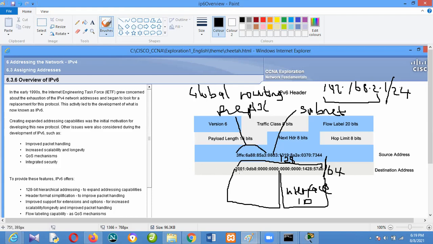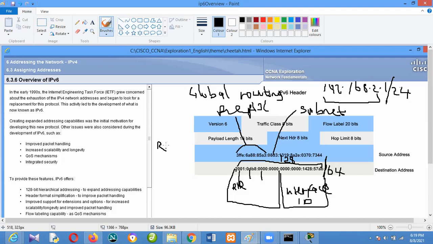Now, inside the global routing prefix, we have different groups with different representations. The first group is for your RIR. RIR is Regional Internet Registry. That is the ID for a Regional Internet Registry.